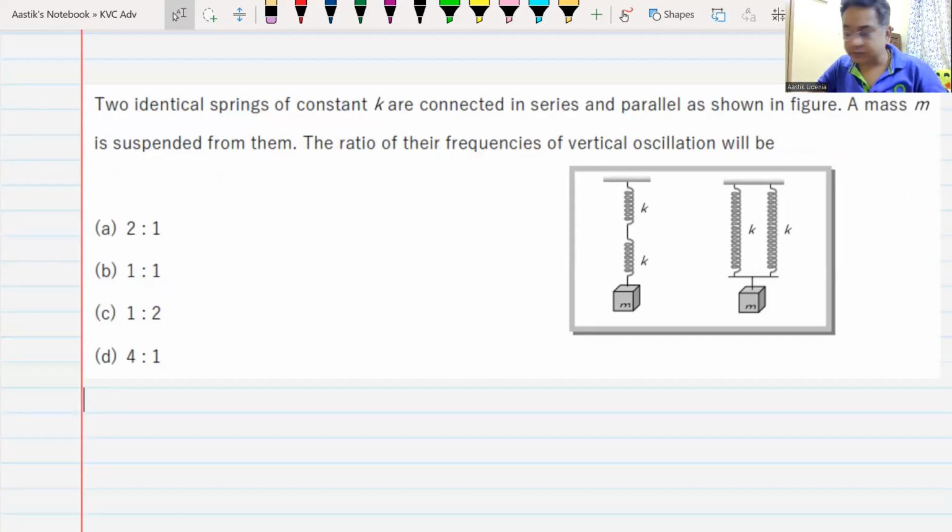This one. Question number 2. Question is pretty simple. I'll give you 1 minute to give me the answer. The answer is also pretty simple.